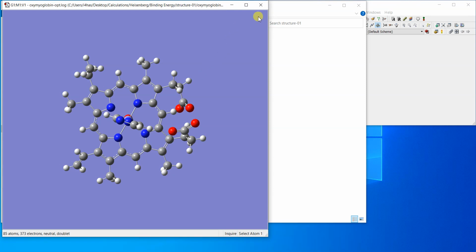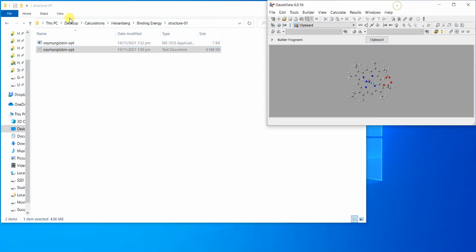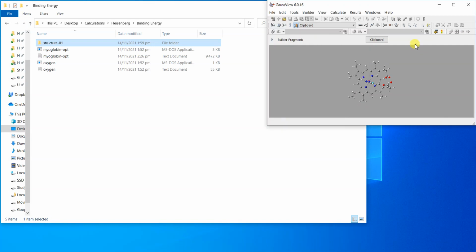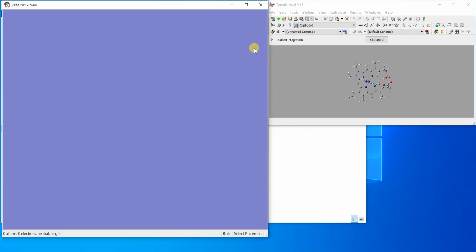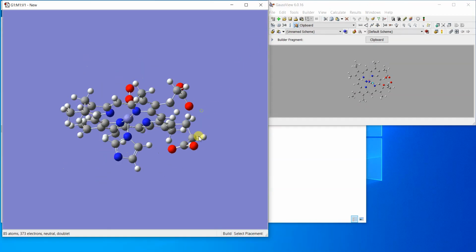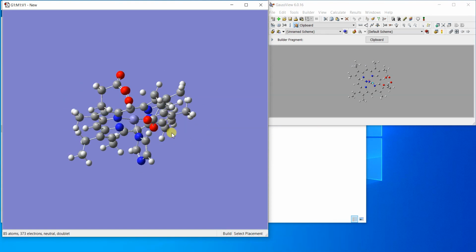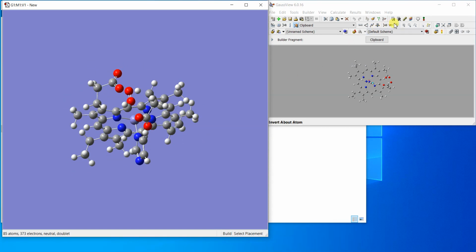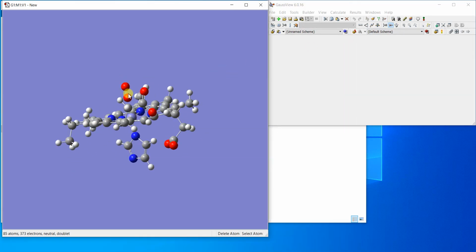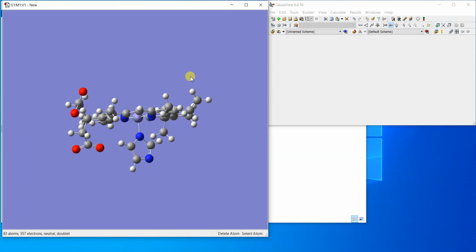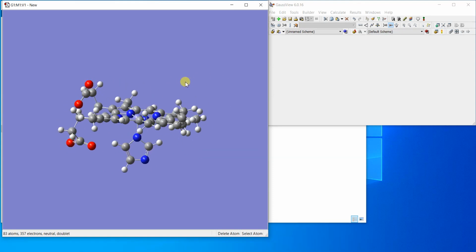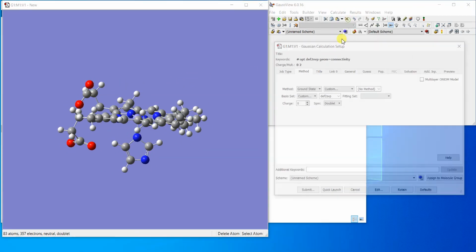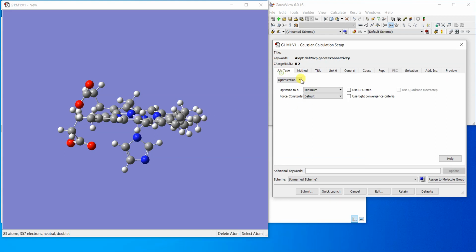I'll take this structure and copy it into a new file. Now I need to remove this oxygen, and this is myoglobin. I'll run an optimization calculation again for this molecule, similarly with the semi-empirical, same method.